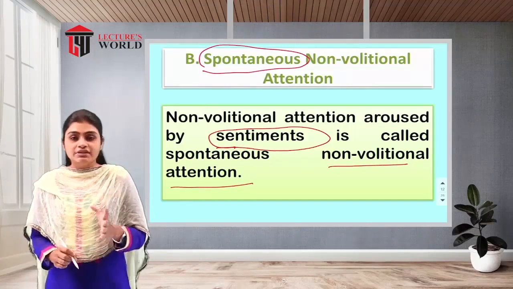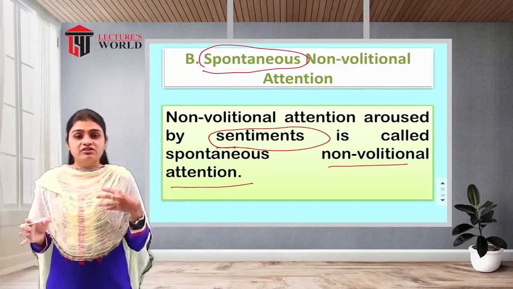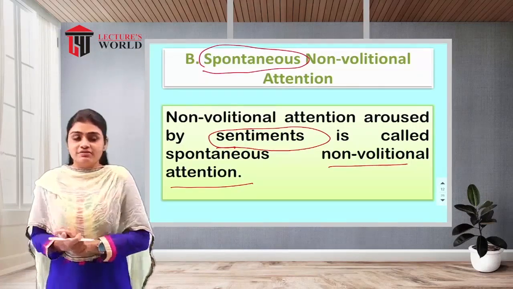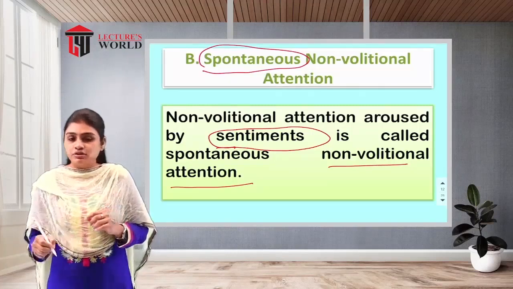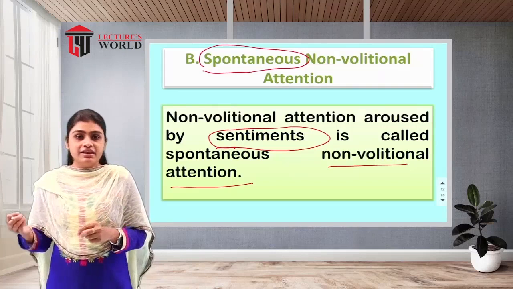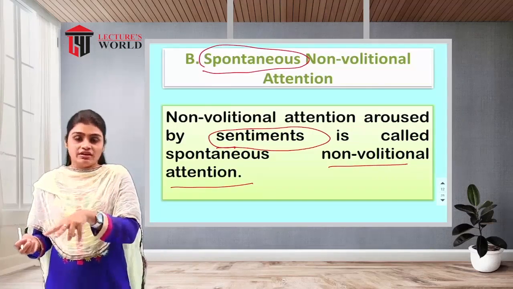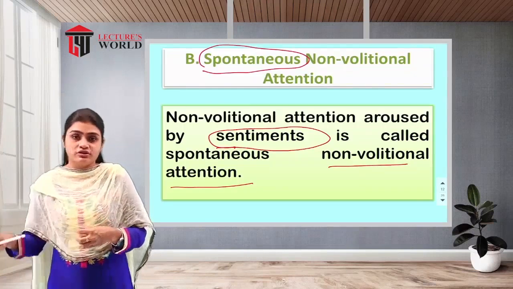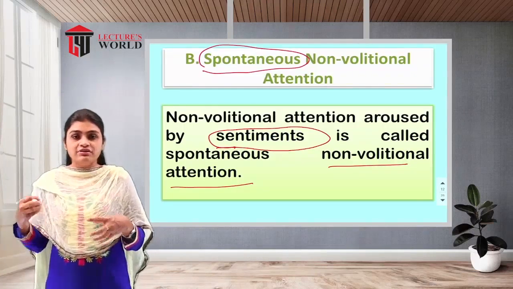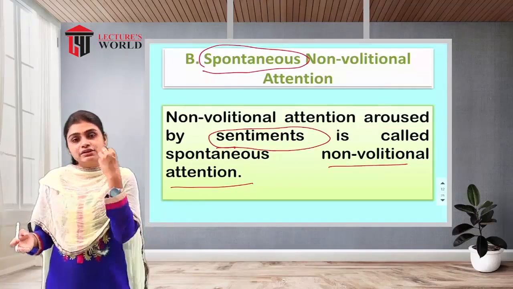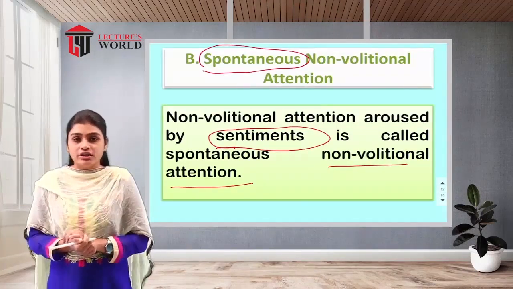For example, any emotions which make us focus on that particular area or on that particular individual. Say I am doing my work in my classroom and suddenly one student starts crying, so my attention will go there. Though I don't have any personal desire to focus on that area, or any will or motive to do so, those sentiments will lead me to focus on that particular individual.